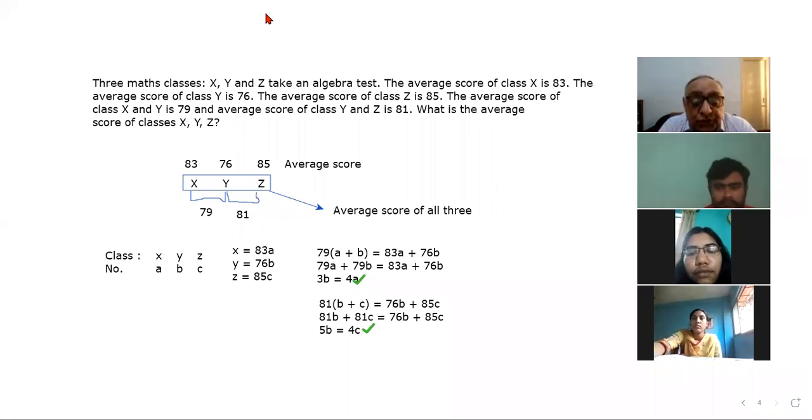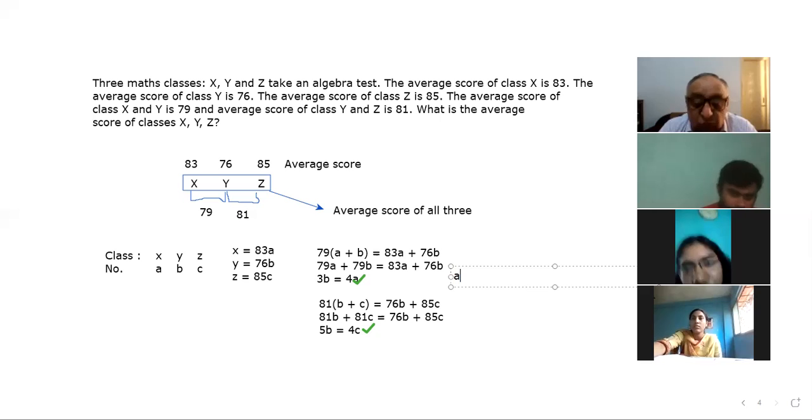So now the next thing is that let us reduce it in terms of B. If we take this in terms of B, that means A is equal to 3 upon 4B. Is it clear? A is equal to 3 upon 4B.